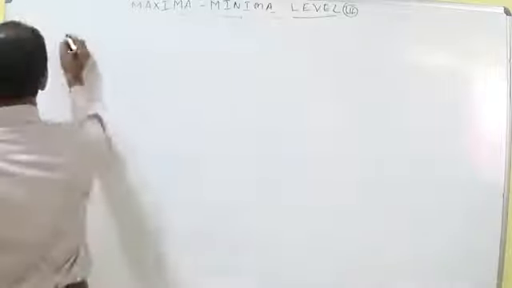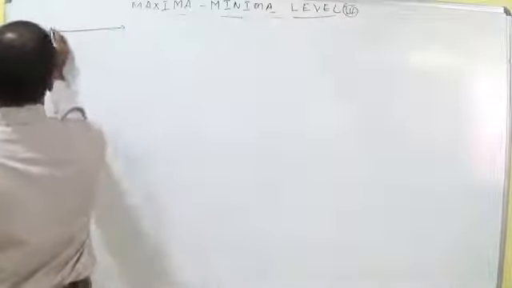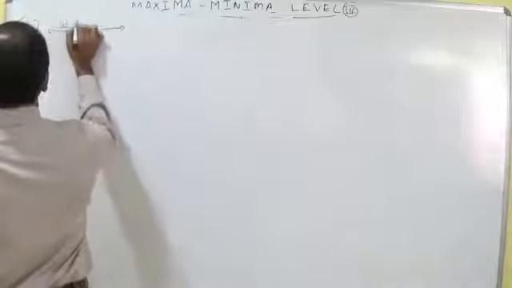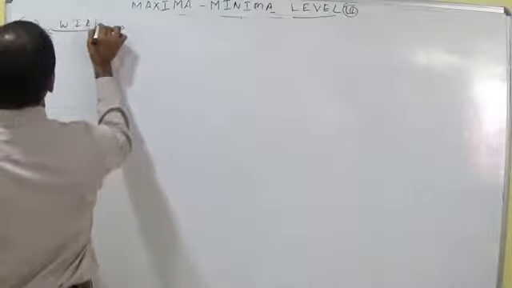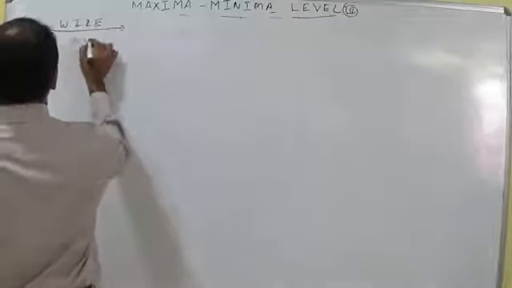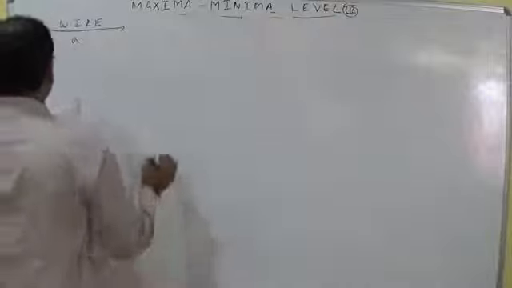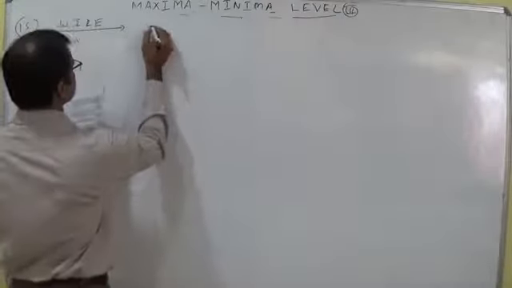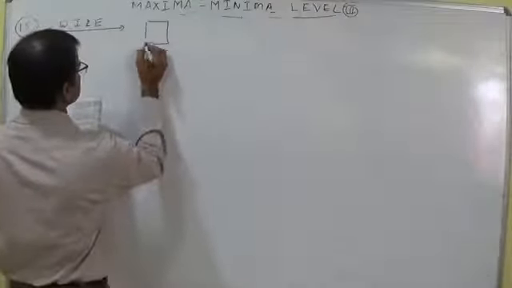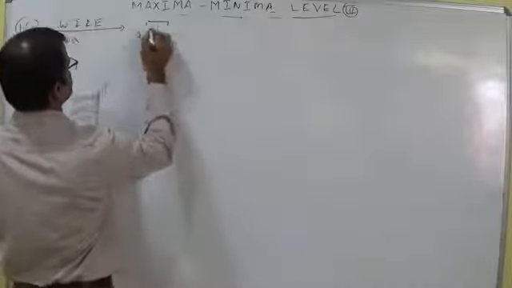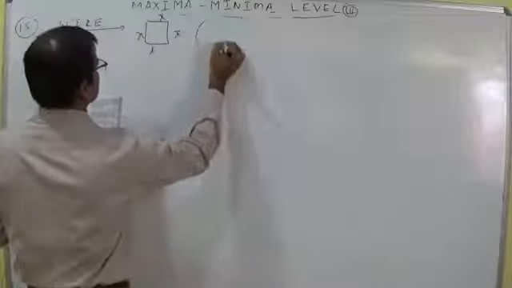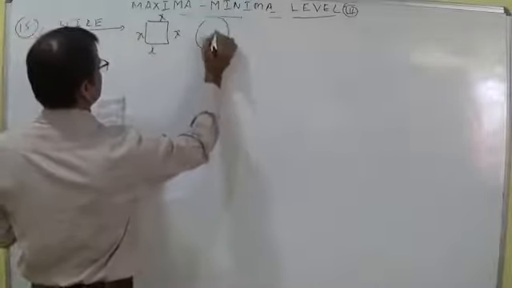A wire of length A is cut into 2 parts which are bent into the form of a square having side x and a circle having radius r.